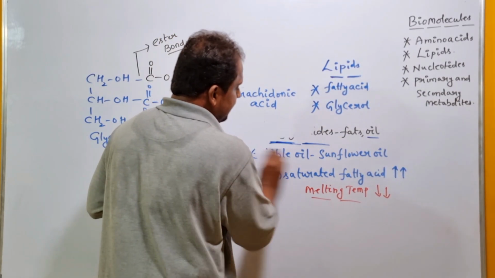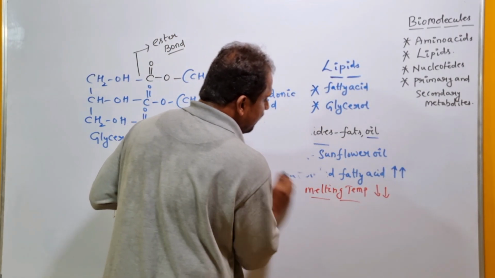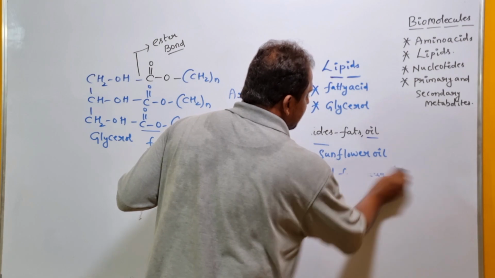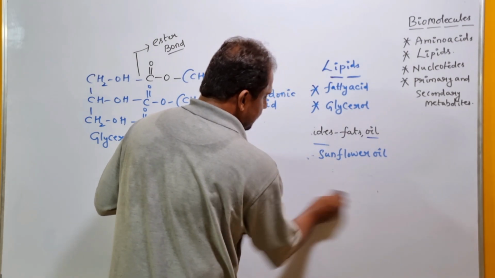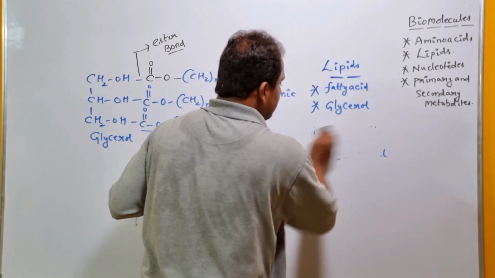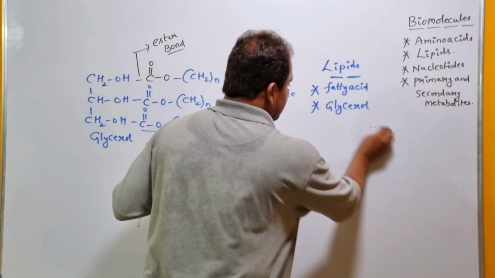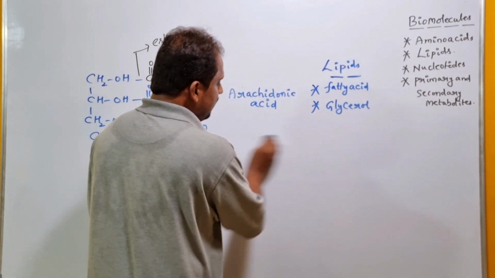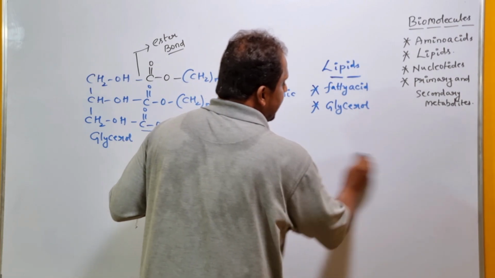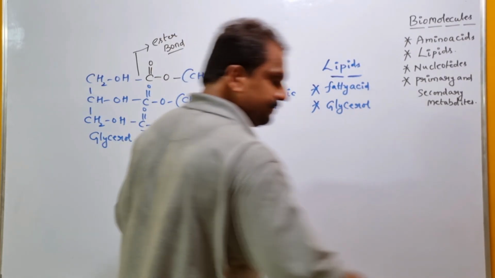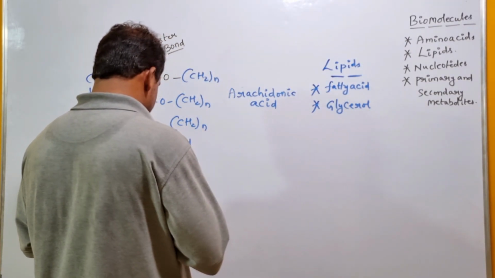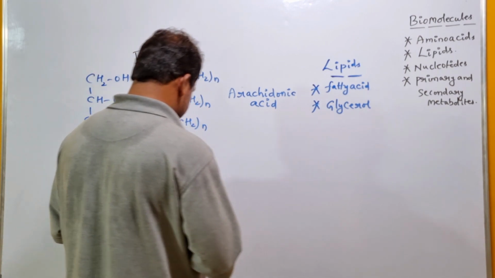One of the modified forms of the lipid is phospholipid. In case of phospholipid, the phosphate moiety successfully attaches here. If you look at the structure, you can easily understand.